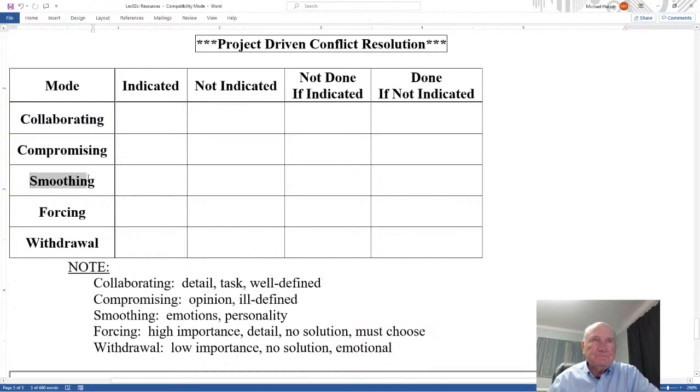Smoothing. Well, smoothing is when you have personality or emotions here, different personality conflicts are happening. You have to smooth it over, and you're not really resolving the issue, you're smoothing the conflict. It says, okay, my personality, I'm just mad.